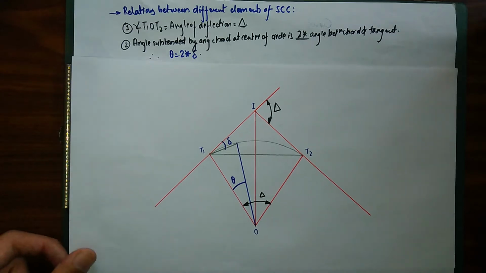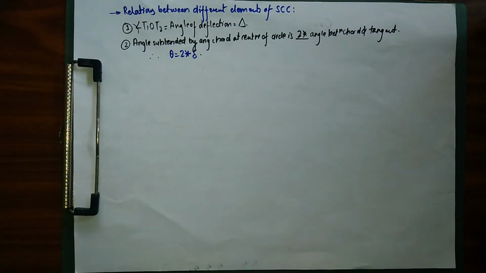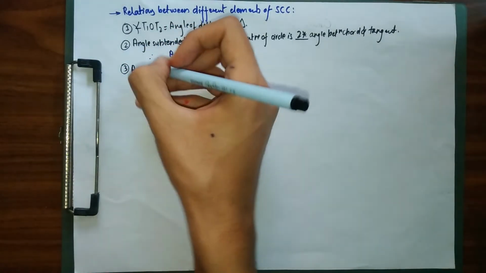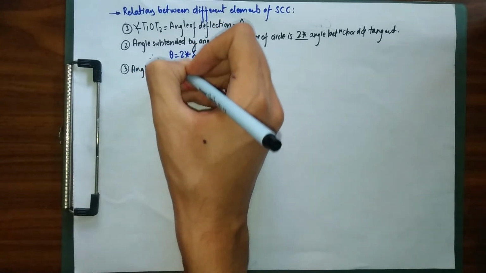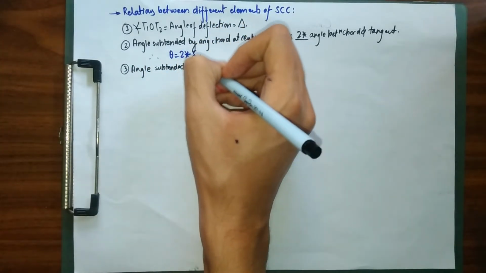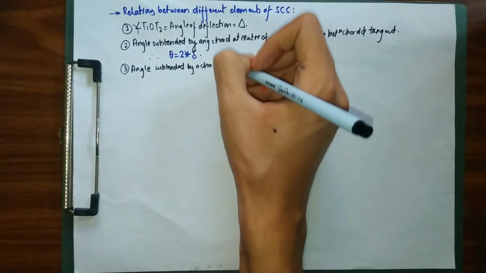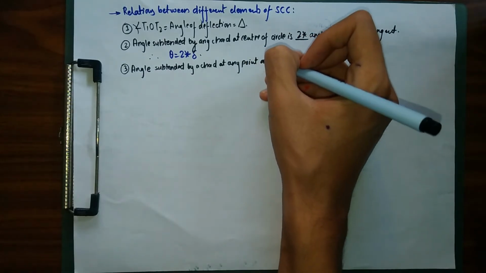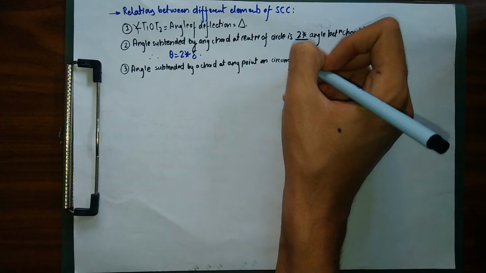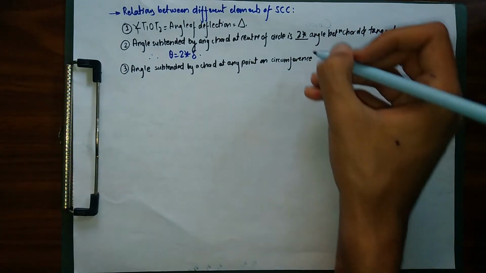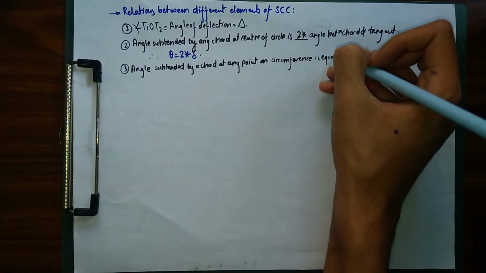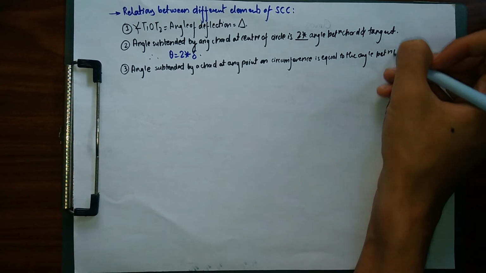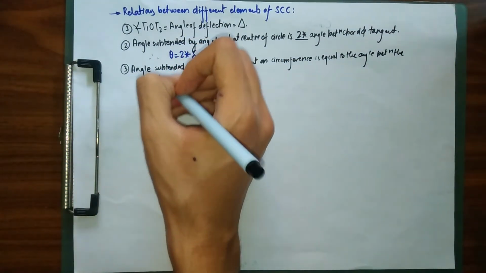Now we'll be talking about our third property. Our third property states that the angle subtended by a chord at any point on the circumference is equal to the angle between the chord and the tangent.